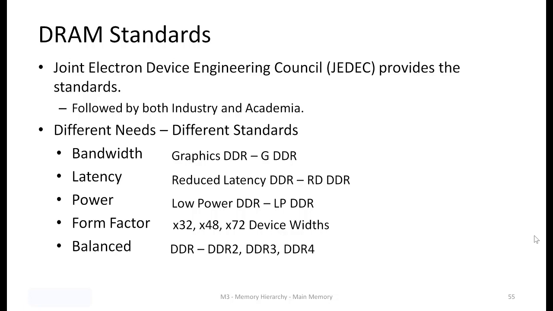Now if you check any mobile or any computing system which is built to be mobile, for example your tablet or a highly optimized system like a Microsoft Surface Pro or something like that, it would come with a low power DDR, because there the power consumption is a main constraint, because they are battery driven.